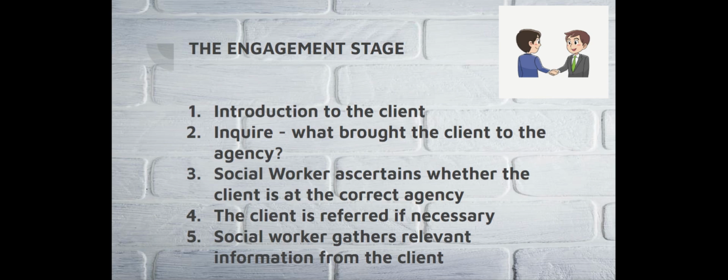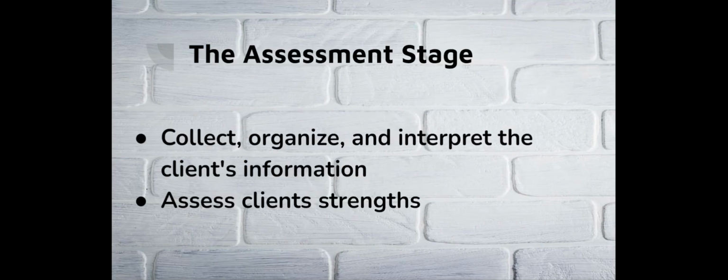Then finally, the social worker gathers relevant information from the client. Now, information will be in your intake form, that is a pre-arranged form that has your demographics and, of course, additional information that will be needed in this instance.